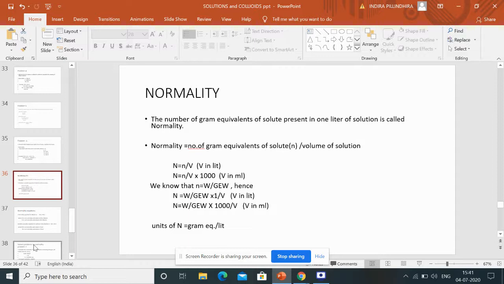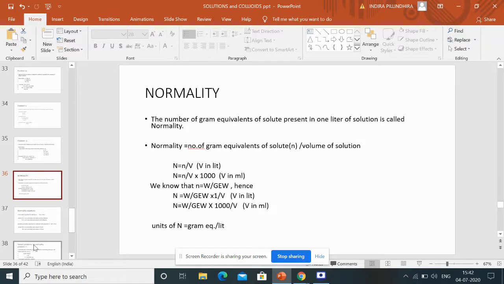There is a slight difference between molarity and normality. In the molarity expression, it is n by V, where n is W by GMW, that is gram molecular weight, whereas here it is W by GEW, that is gram equivalent weight.